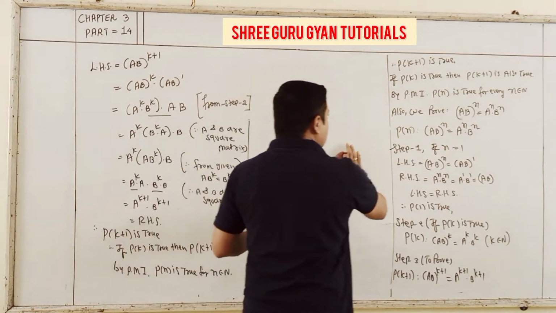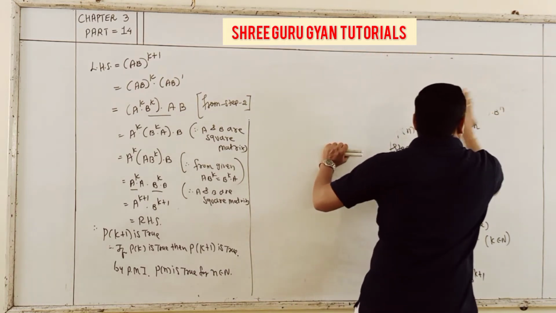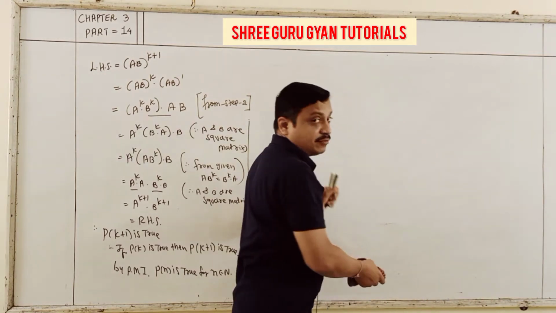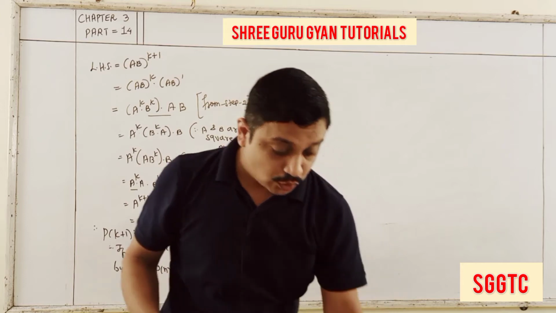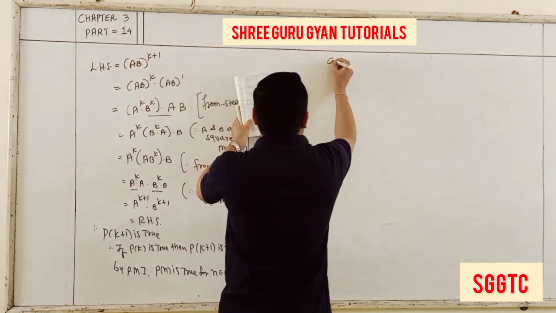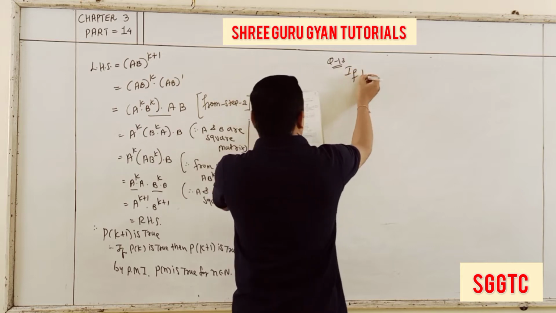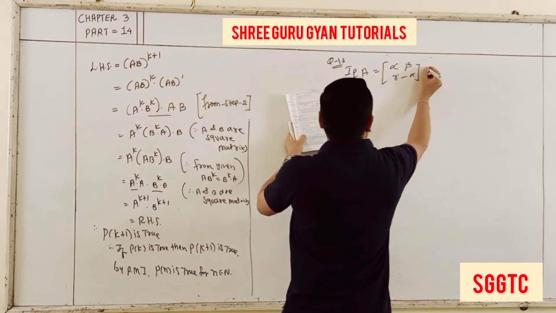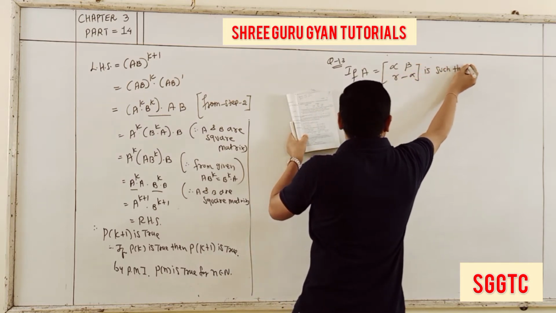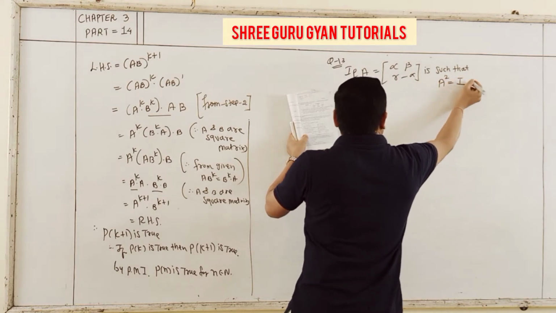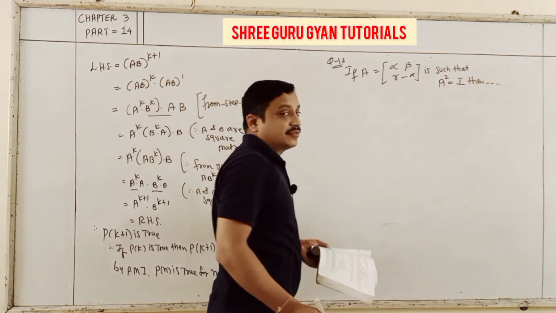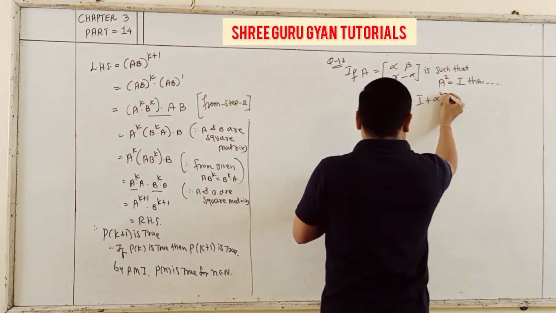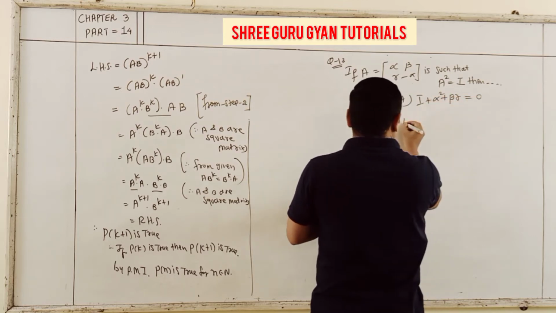That is easy now, but the MCQ is asking questions. If the matrix A is given, with entries alpha, beta, gamma, minus alpha, such that A square is equal to I, then the options are: my first option is I plus alpha square beta gamma is equal to 0.